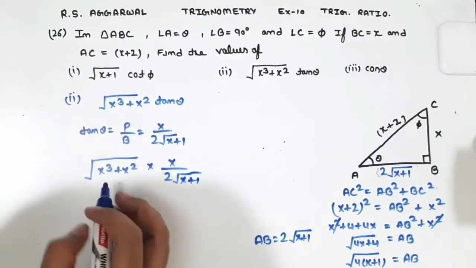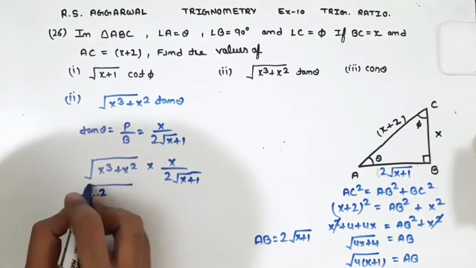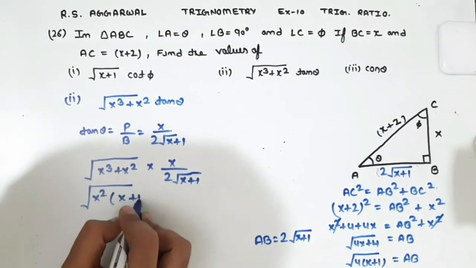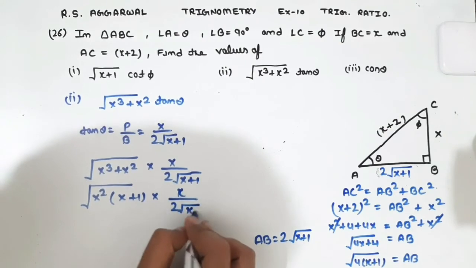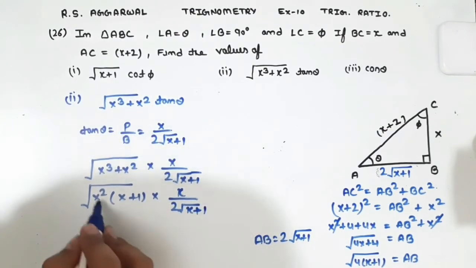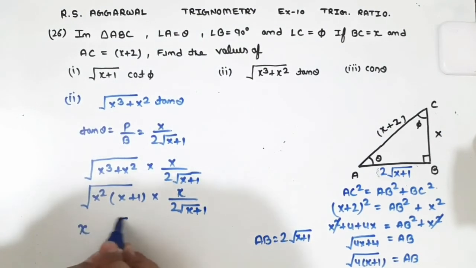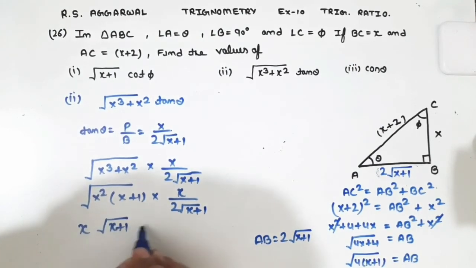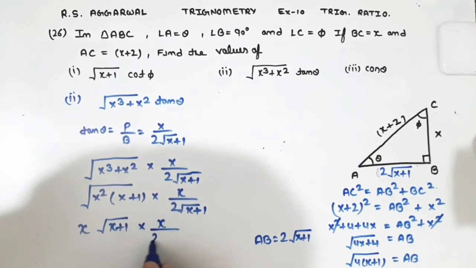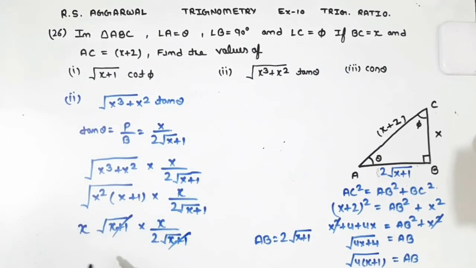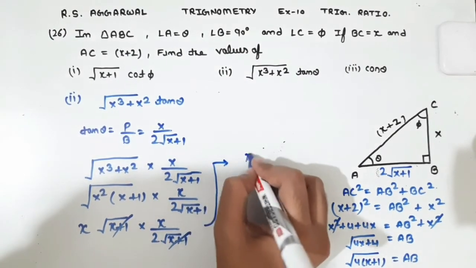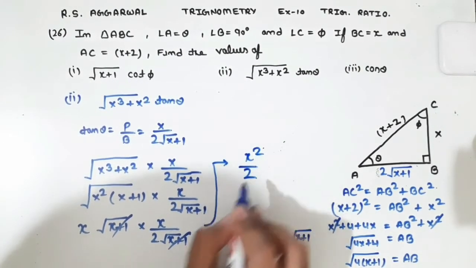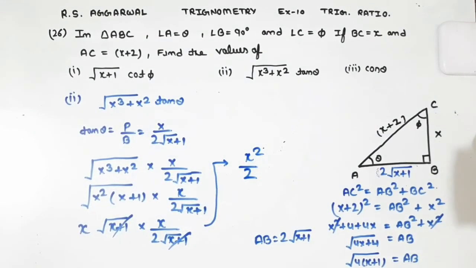Here x square is common. This will be x plus 1 into x upon 2 under root x plus 1. x square root के बाद आ जाएगा. This will become under root x plus 1 into x upon 2 under root x plus 1. So x plus 1 will be cancelled out. x into x, that will be x square upon 2. This is our answer.